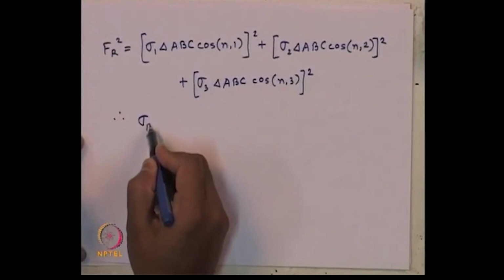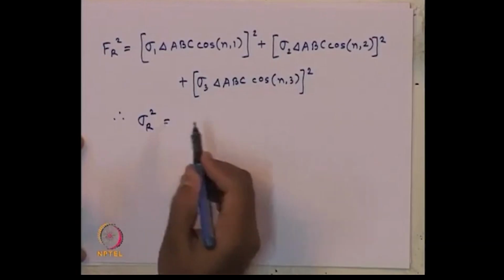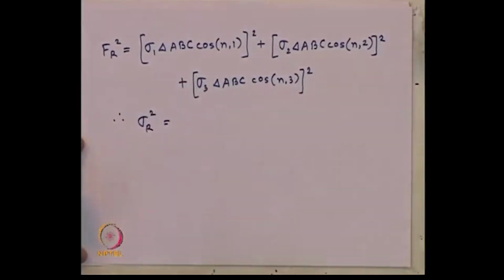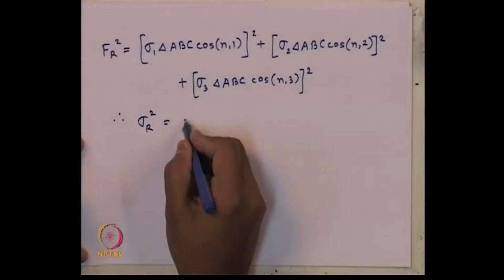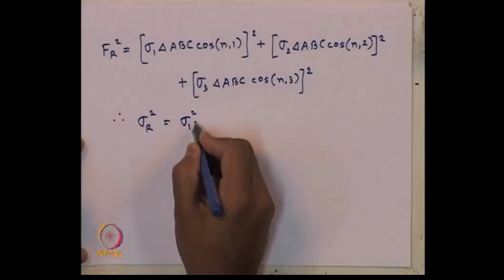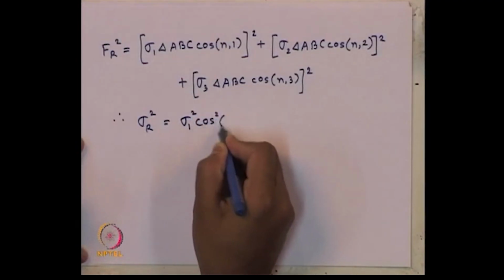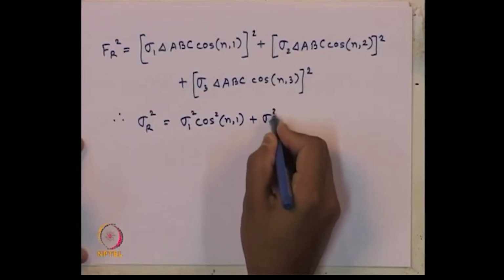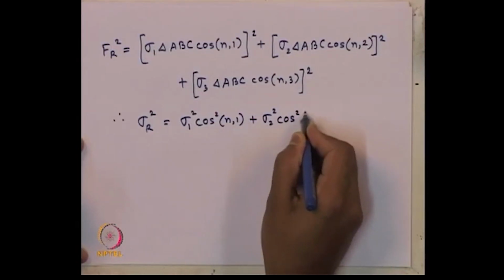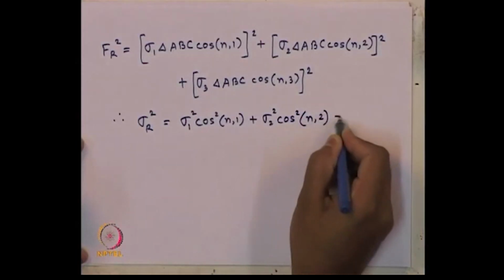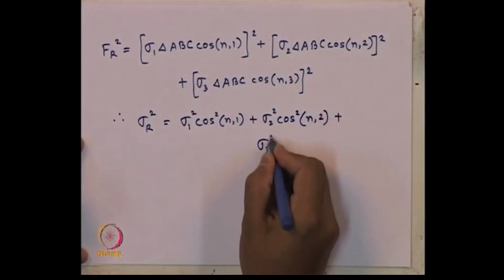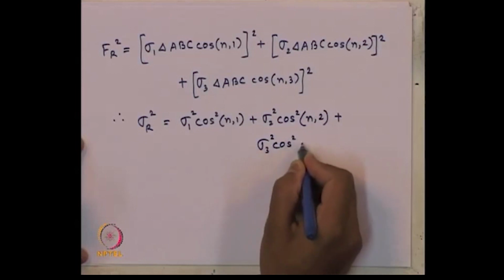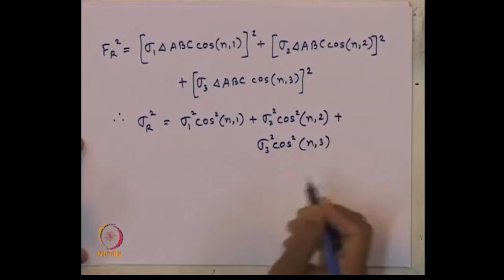Therefore, sigma r square, this ABC square we can cancel from both sides, it boils down to sigma 1 square cosine square n1 plus sigma 2 square cosine square n2 plus sigma 3 square cosine square n3.